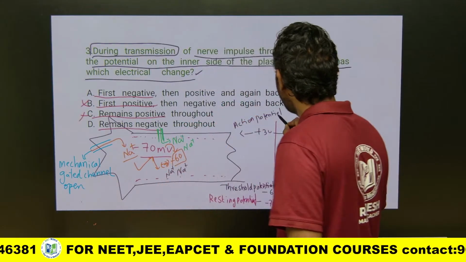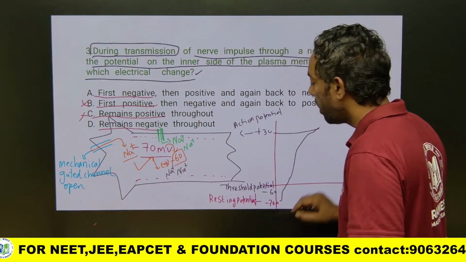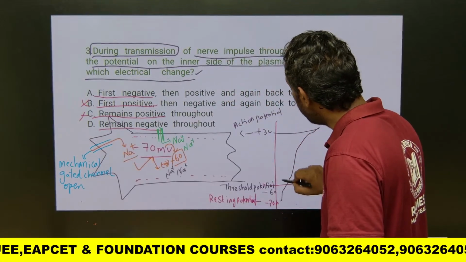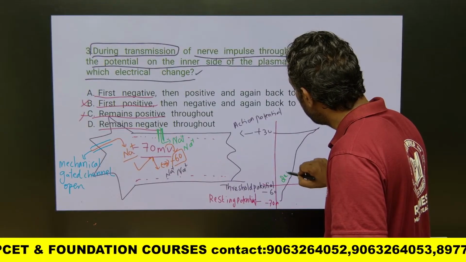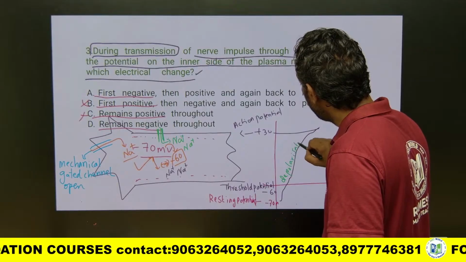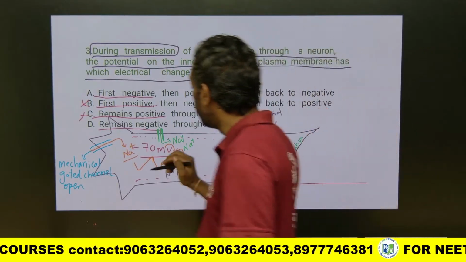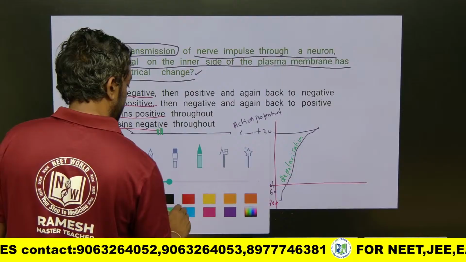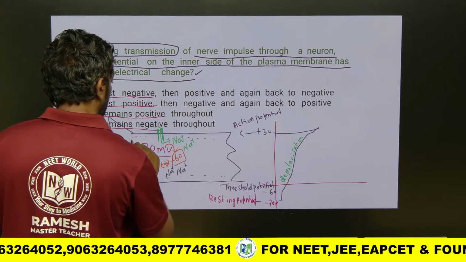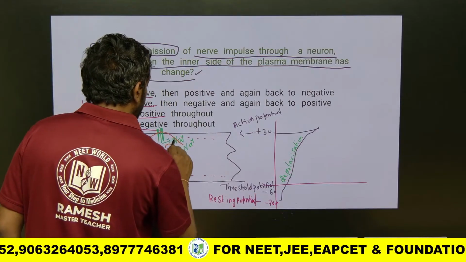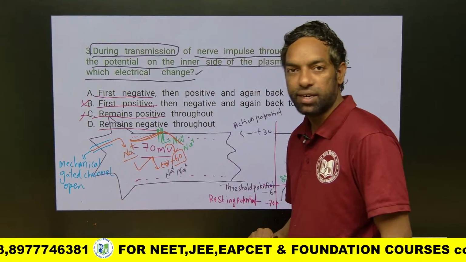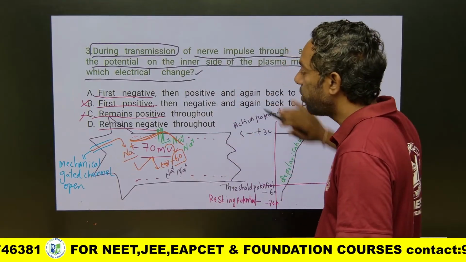Plus 30 is the action potential. This is the condition we call depolarization. Depolarization means one wave which crosses here, just look here. One wave is going up.